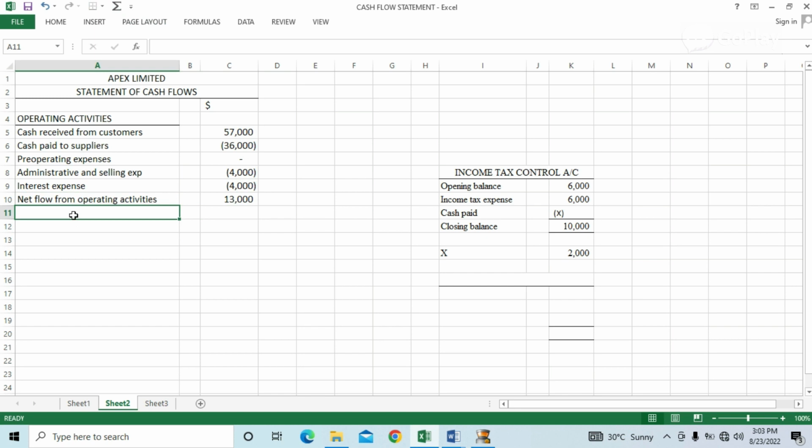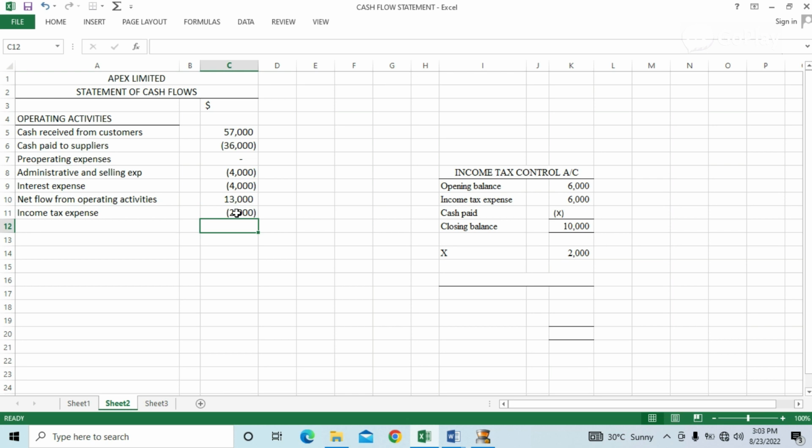Now we bring in the income tax expense, which is 2,000. So we have income tax expense, which is another cash payment item. We write the 2,000, which is a subtraction.